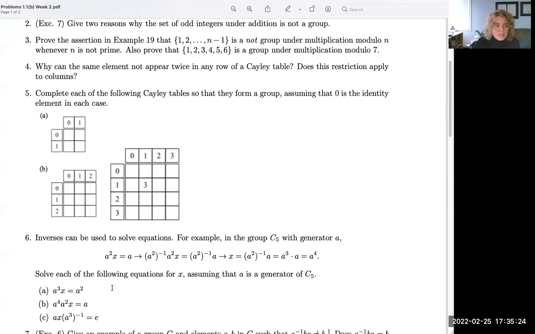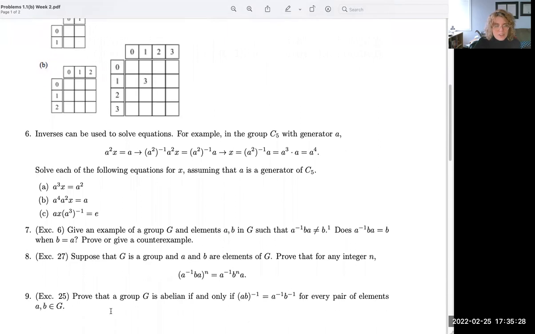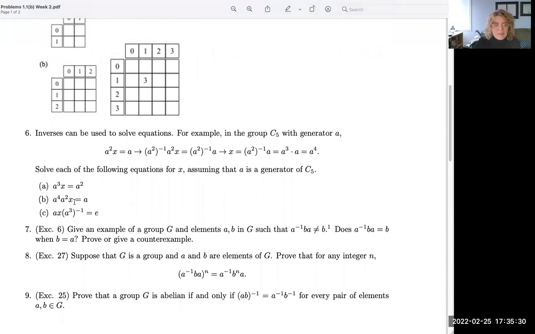In number 6, you need to solve the equations for x, assuming that A is a generator of C5. For all of these, you could have a series of equations where your equal signs are lined up, like nice basic algebra, where you're clearly showing the inverse.